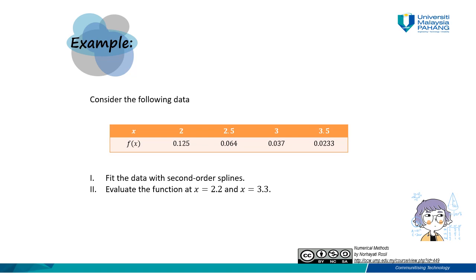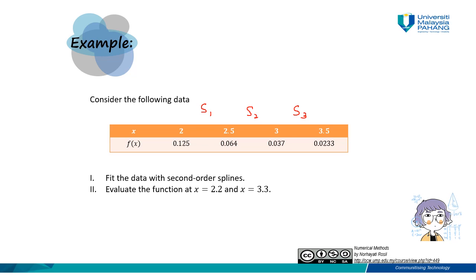Now let's go to the example. Here we have a set of data. So the first one, we need to fit the data with second order spline, and the second question, we need to evaluate at x equal to 2.2 and x equal to 3.3. So from here we have 4 data, and of course we will have S1, S2 and S3.